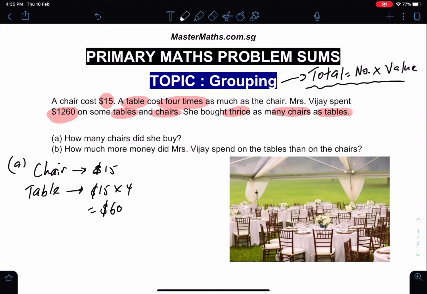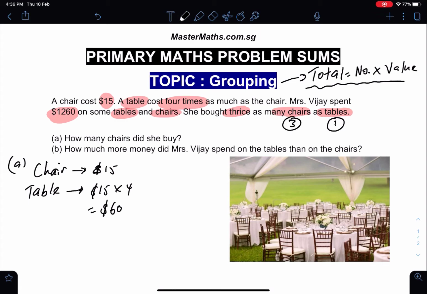tables. So with this, what we can do is to use grouping. And how do we do that? We know that for every 1 table she buys, she will buy 3 chairs, because thrice as many chairs as tables means if I buy 1 table, I'll buy 3 chairs.